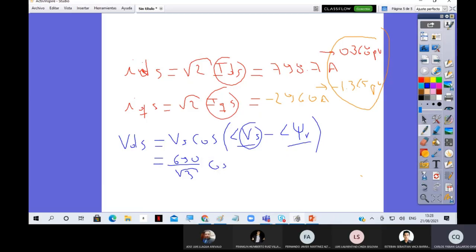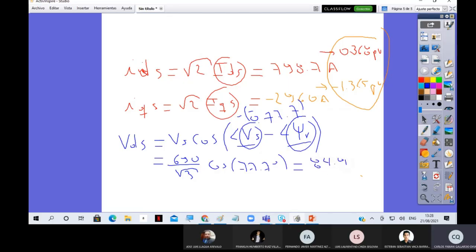From the previous calculation, we know this is 0, and we computed the angle for the rotor flux, and the angle is 77.7. This is negative, minus negative becomes positive. So I will have here the cosine of 77.7 degrees, and then I will get 84.